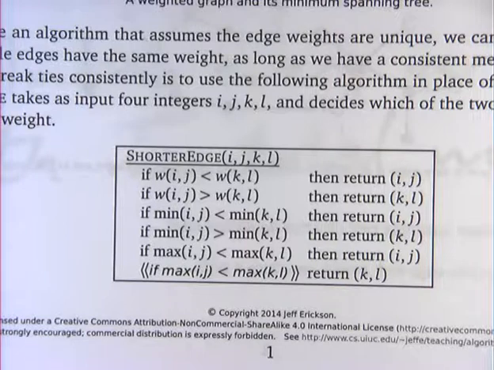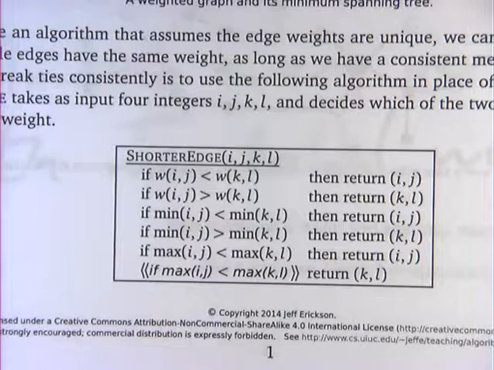But if the weights are actually equal, then I'm going to break ties by actually looking at the indices themselves. So basically, I'll imagine that each of these edges starts at the smaller index vertex and ends at the larger index vertex. And then I compare those 2 pairs lexicographically. Right?